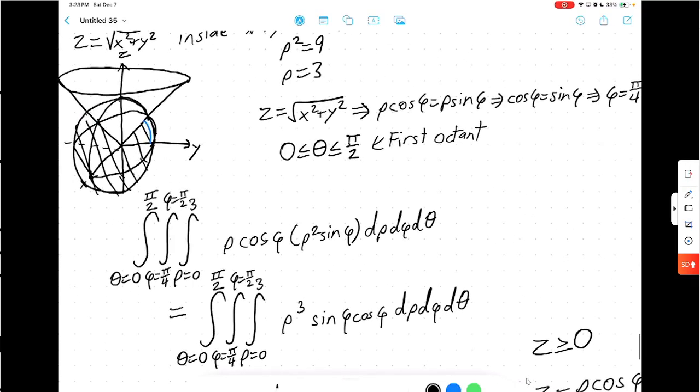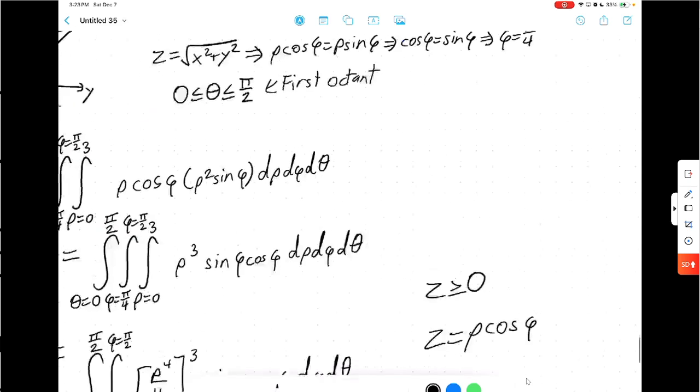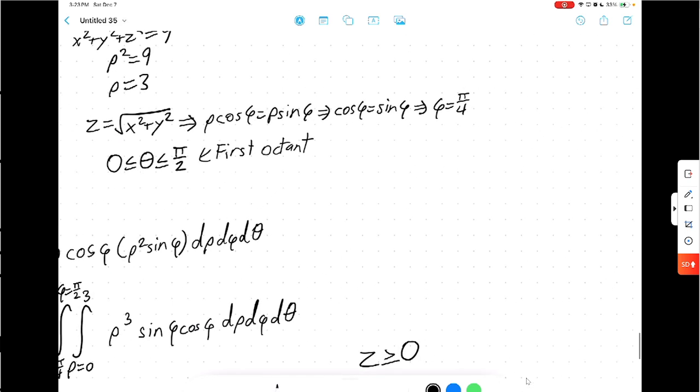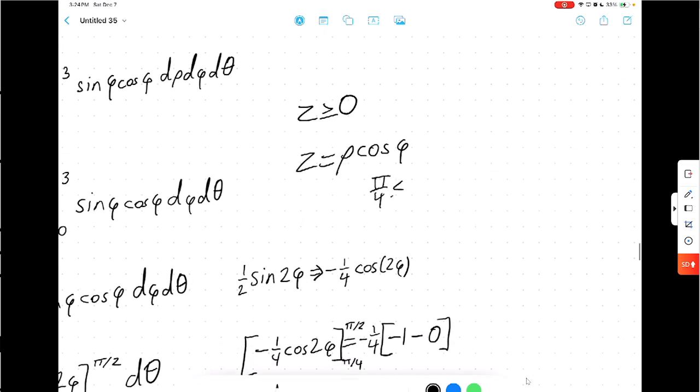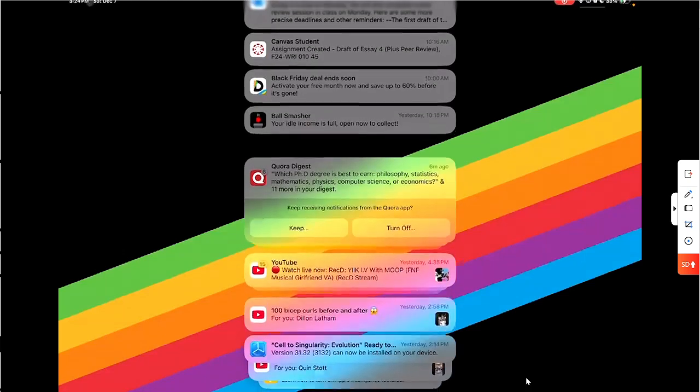And anything from phi equals pi over 2 to pi has z less than 0, so it's off limits. And then the cone was given by phi equals pi over 4, so that's the other bound. So we have phi between pi over 4 and pi over 2. And z equals rho cosine phi was one of the conversion equations for spherical.